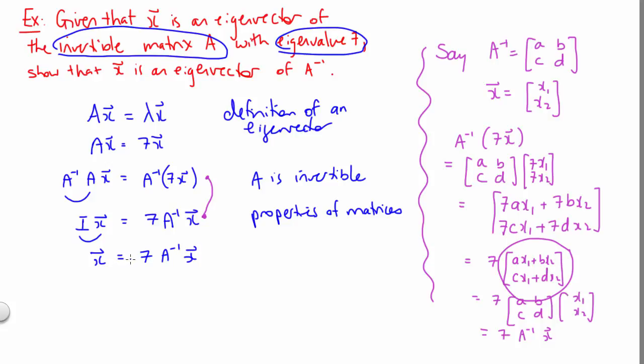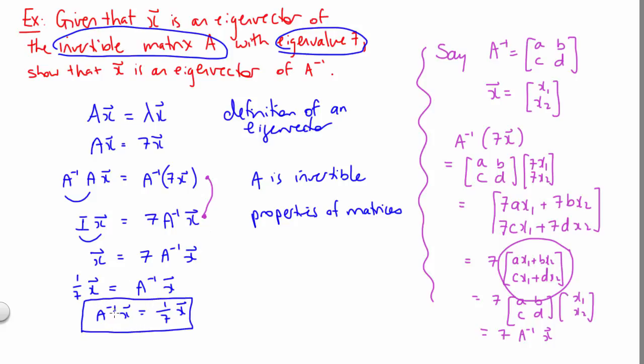Now it's valid to multiply both sides of this equation by the number 1/7. We're doing that just to eliminate the 7 from the right side, so multiplying through by 1/7 we get A inverse times x on the right. And if we write this the other way around, A inverse x equals 1/7 times x, this starts to look a little bit more familiar.